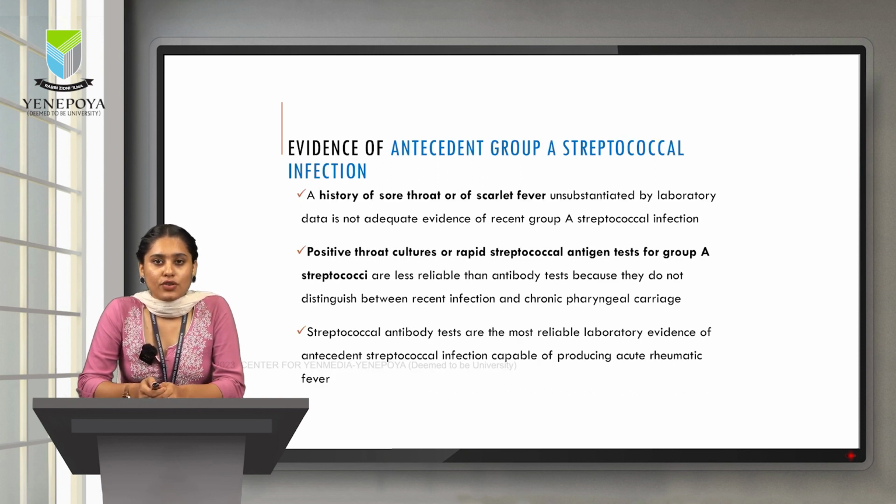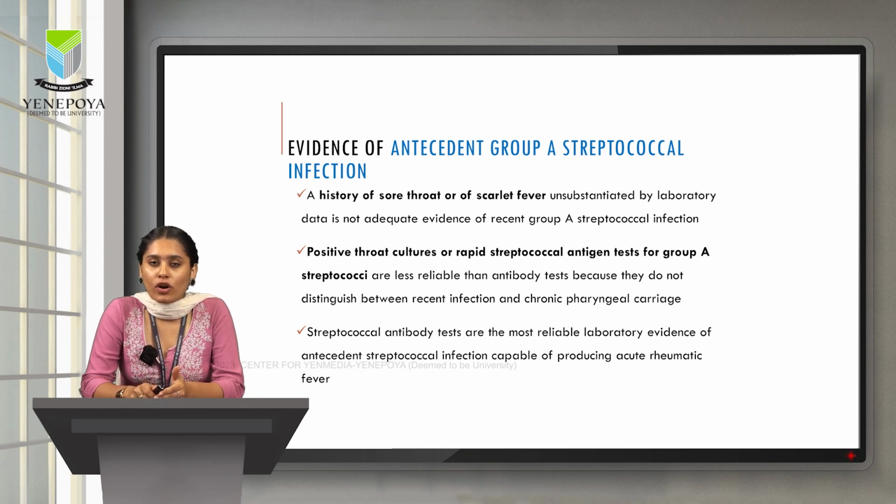Moving on to the evidence of antecedent group A streptococcal infection. Here what you have to know is whether the infection was previously present or not; that is the clue. One thing is, a history of sore throat or scarlet fever will not give you complete evidence that there is acute rheumatic fever.